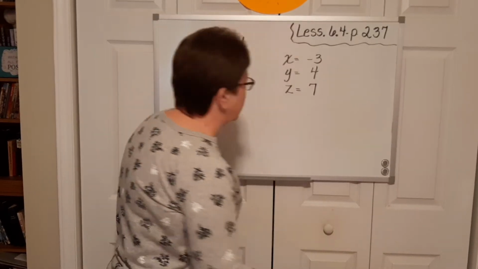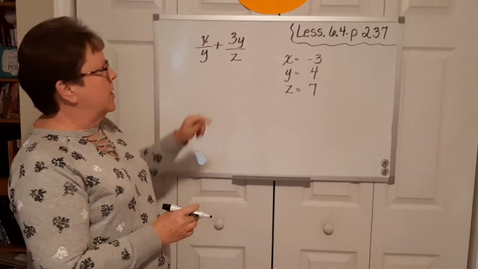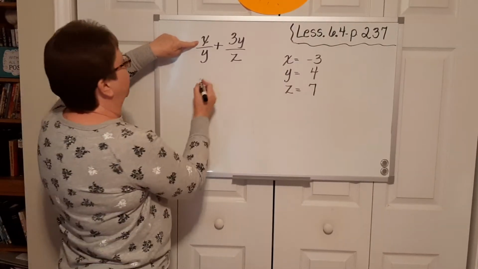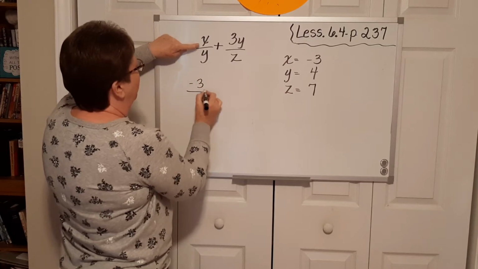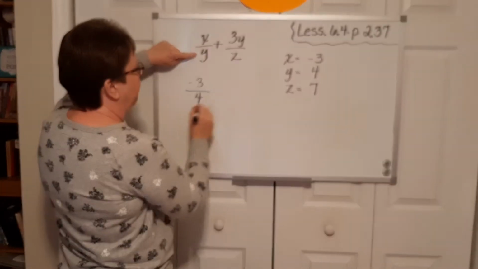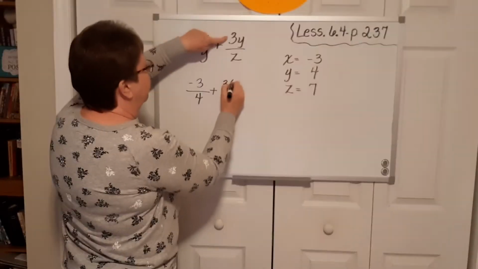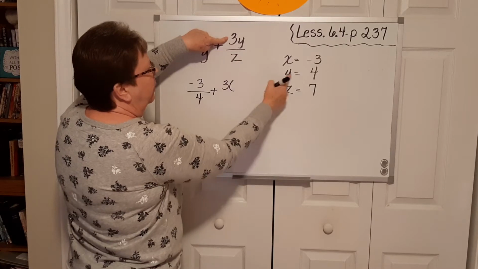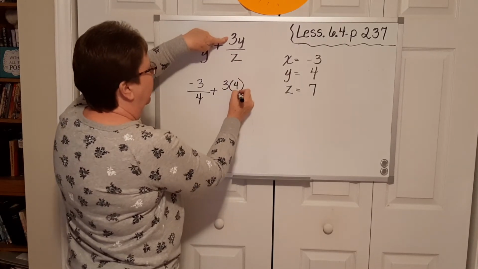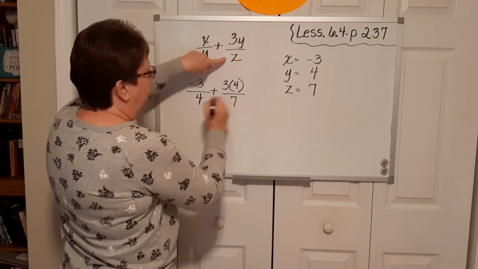So the first thing we want to do is replace our variables with what their value is. So for our x, it's equal to -3 over our y, and our y is equal to 4. Then we're going to add to that, we're going to take our 3 and multiply it by what y is equal to, which is a 4, and then put that over what z is equal to, which is 7.